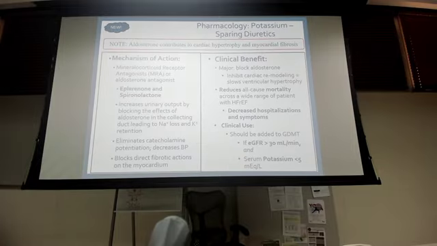Okay. So mineralocorticoids, we talked about them in the last, well, it was the last lecture, but I spoke to you about them today. The aldosterone antagonists, 2 drugs that you really need to know out of this class. We're not talking about those sodium channel blockers, those 2 medications. We're just talking about the aldosterone antagonists, which is one of the 2 classes of the potassium-sparing diuretics.